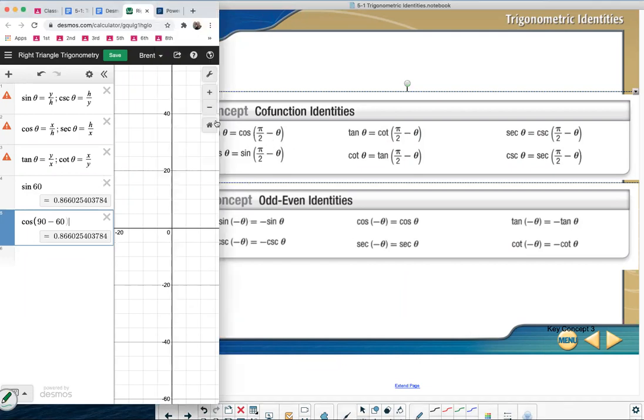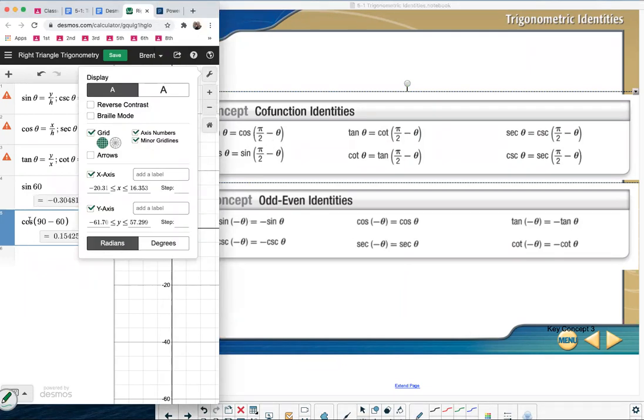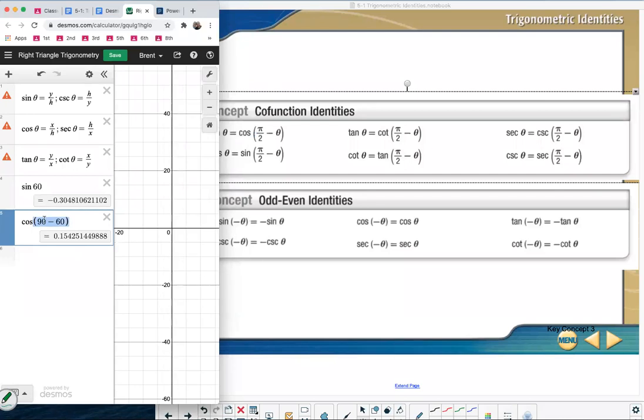Again, I could switch over now and show you in radians. In radians, you just have to change this to pi over 2. Pi divided by 2. And notice these are the same answer now. So no matter what this value is, as long as they're complementary, you'll get the same solution. So sine of 20 and cosine of 20 are never equal.